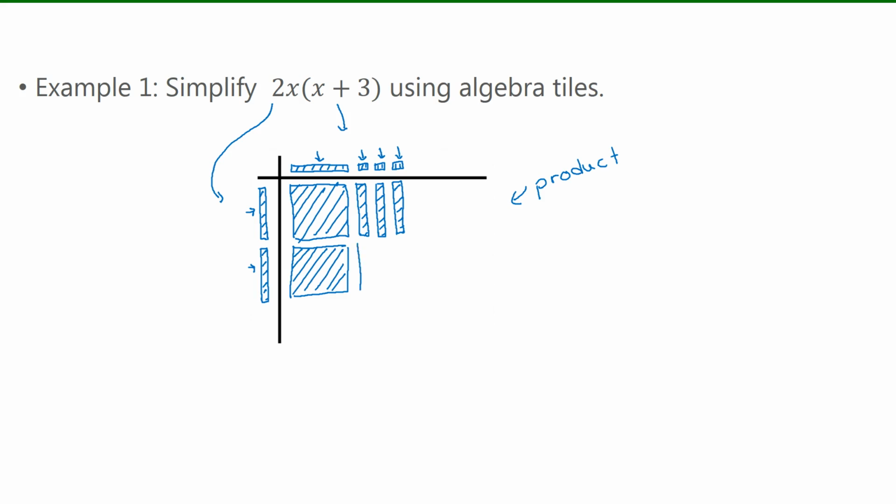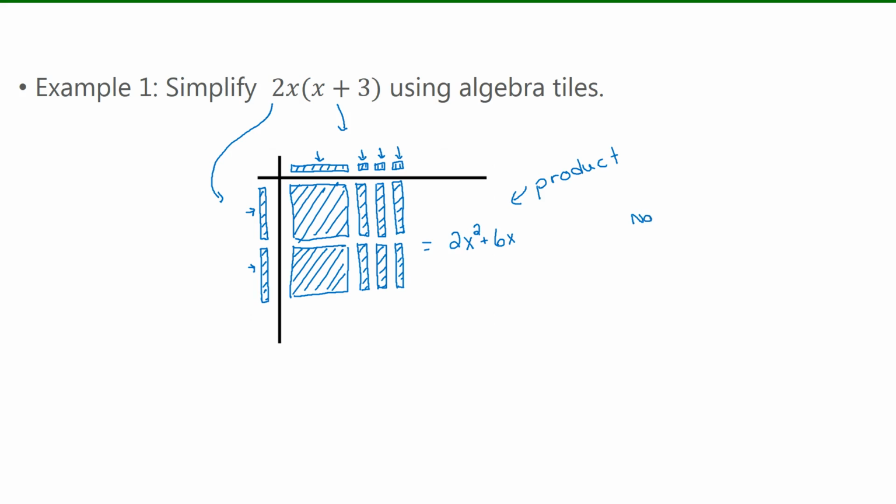Next to that, we have a tile with these dimensions, which is an x tile. We'll have another x tile next to that. And one more next to that. And then adding these up will give us the answer. We have 2 x squared tiles and 6 positive x tiles.